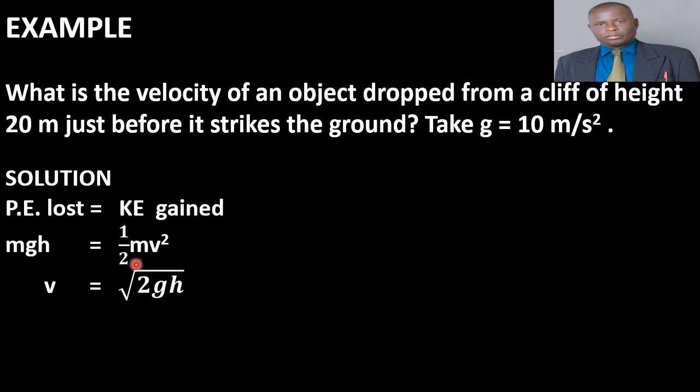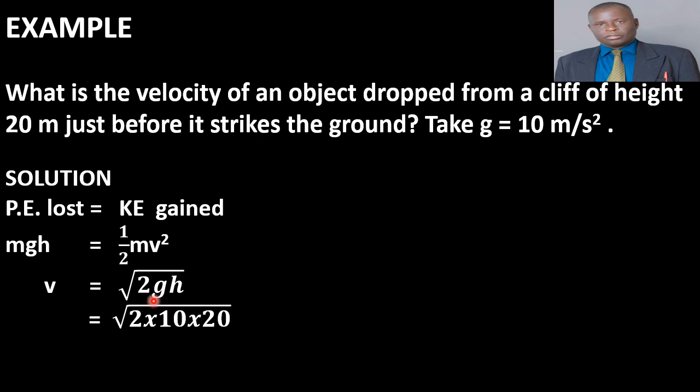How does this come about? You multiply both sides here by 2 and make v the subject. It will give you this one here. You can try this mathematically. Make v the subject. It will give you v equals root of 2gh.